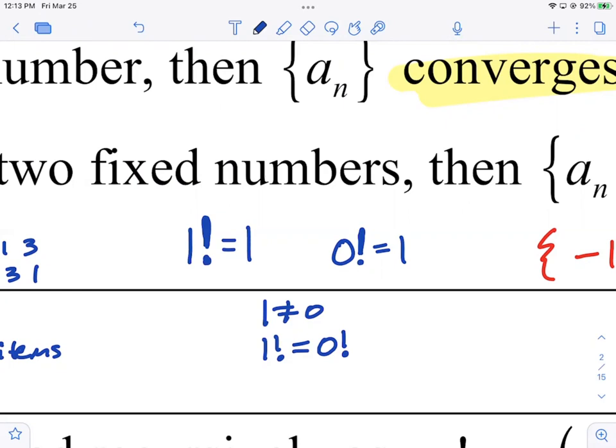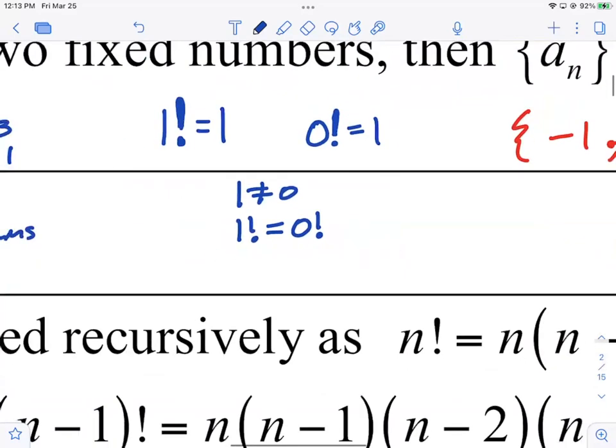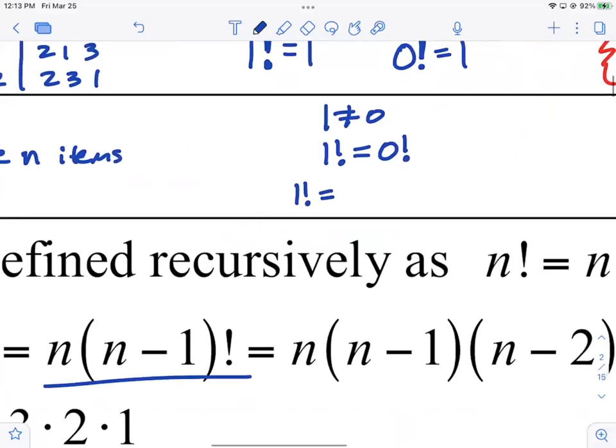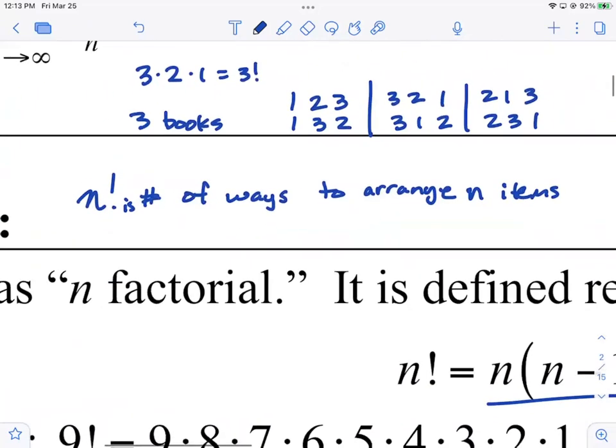Anyway, you can actually prove this with the recursive relationship. Watch this. 1 factorial by this definition is equal to 1 times (1 minus 1) factorial, which of course is equal to 1 times 0 factorial, and anything times 1 is itself, and you get 0 factorial. So how is it consistent with this definition?